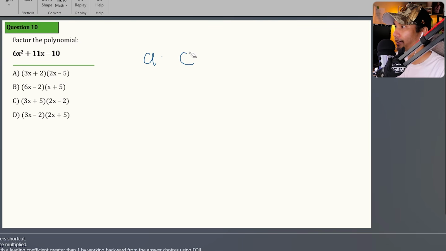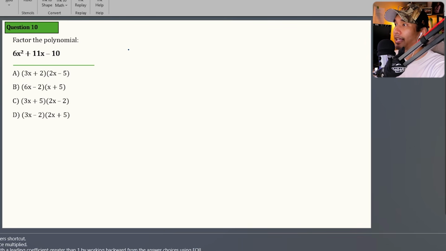But since many people think that possibly there's going to be this kind of question and all you need to do is FOIL, then I created this so you could FOIL.